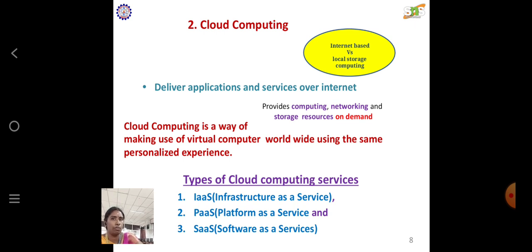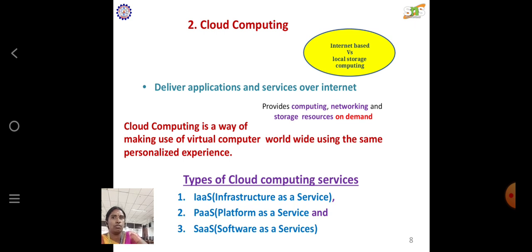Cloud provider may be a person, organization or entity responsible for making a service available to interested parties. And cloud auditor means a party that can conduct independent assessment of cloud services, information system operation, performance and security of the cloud implementation.